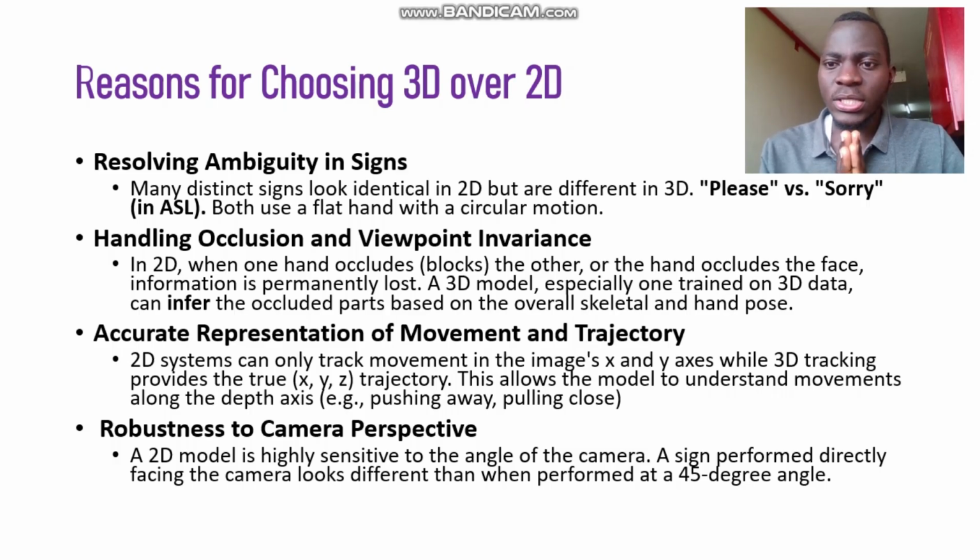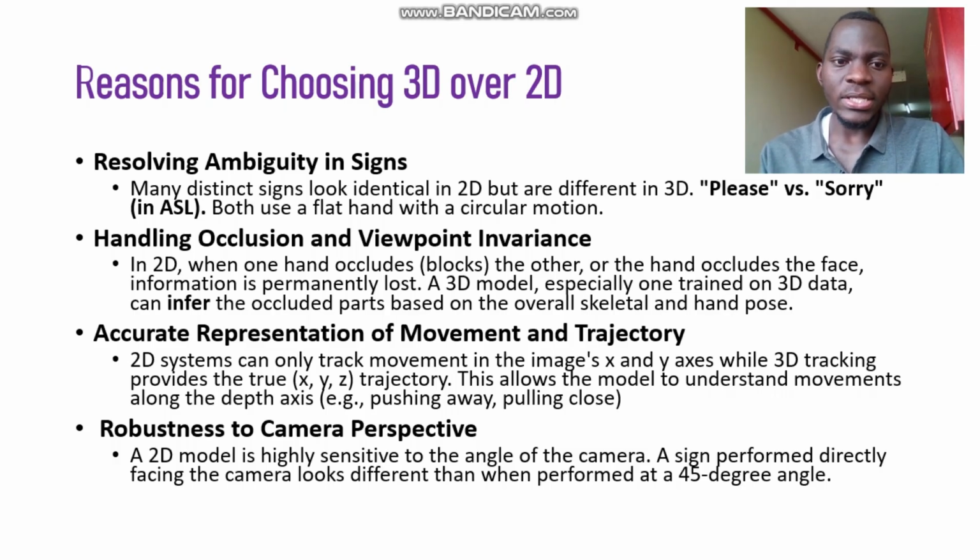In 2D, let's say in sign language, please and sorry have the same gesture, so in 2D, please can be interpreted the same as sorry. 3D can capture the position of the hand and differentiate between please and sorry. Another one is handling occlusion and viewpoint invariance.